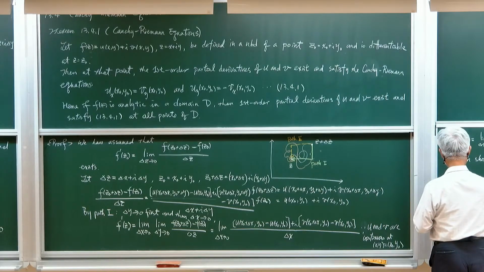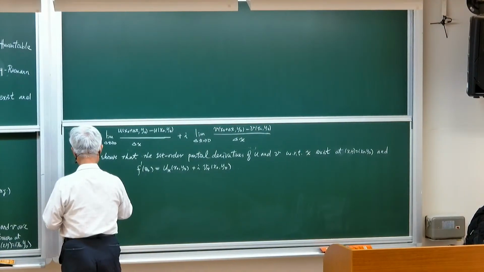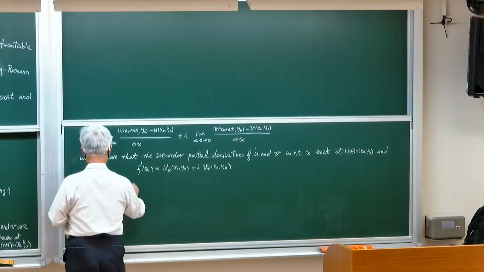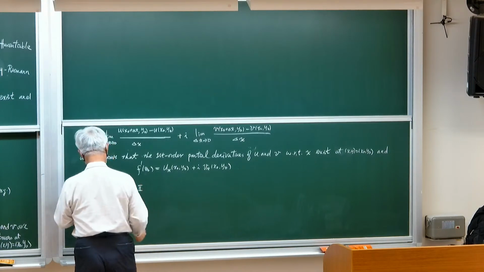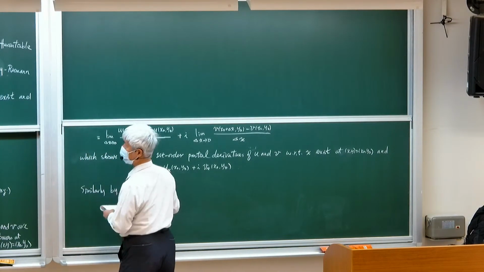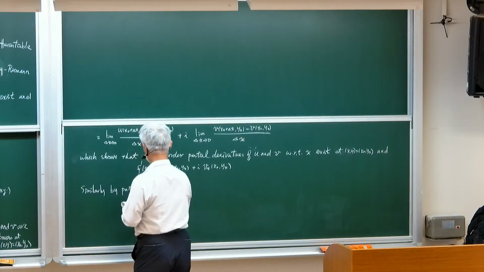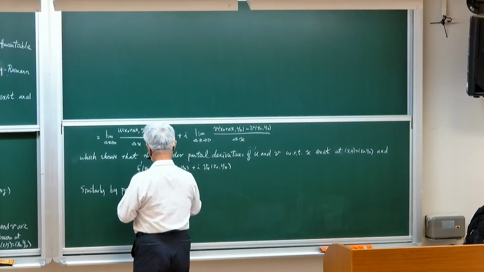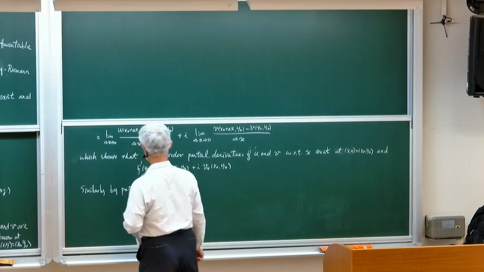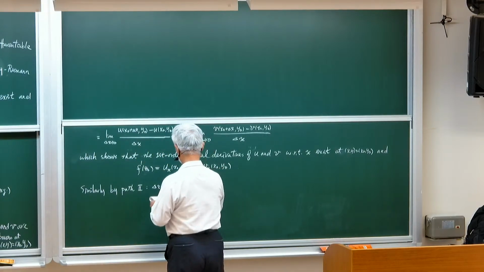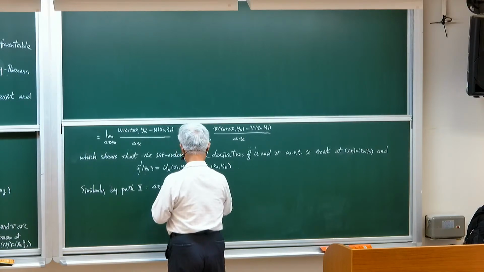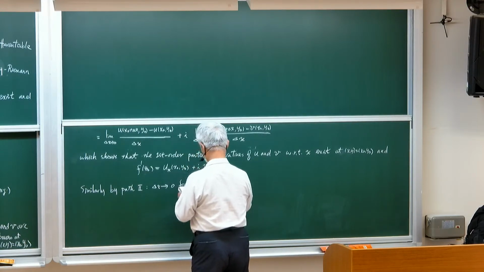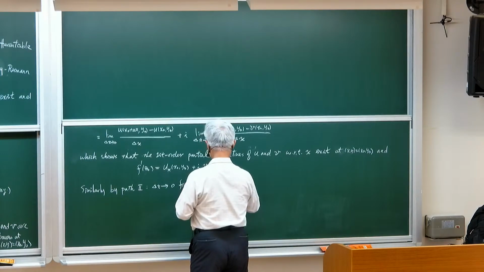So similarly, by path 2. Path 2 means that we let delta x go to 0 first, and then delta y goes to 0.